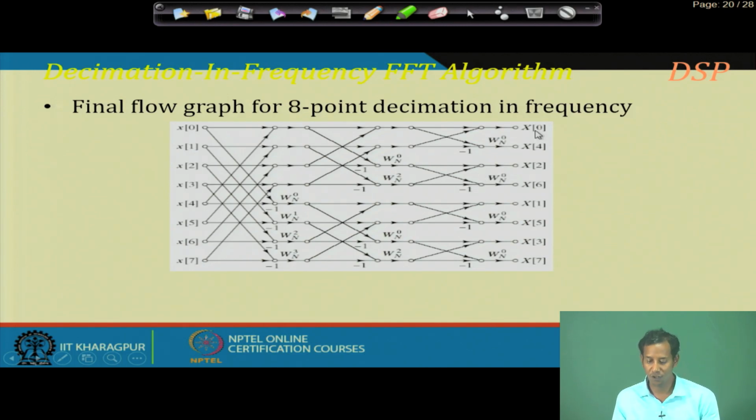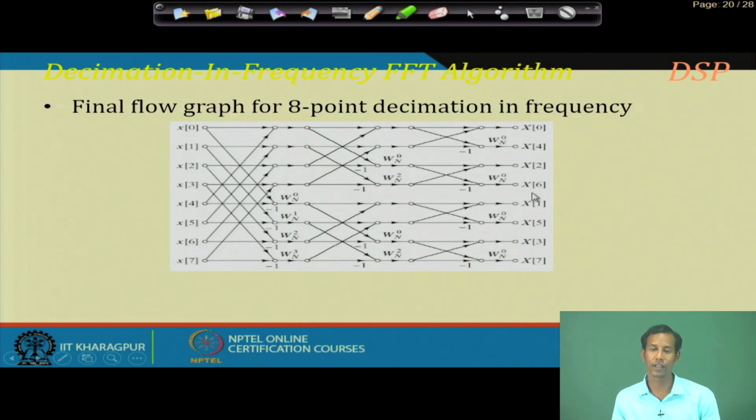So x0 is producing x0, x1 is producing x4, x2 is producing x2, x3 is producing x6, x4 is producing x1, something like that. The output comes in the bit reverse manner.